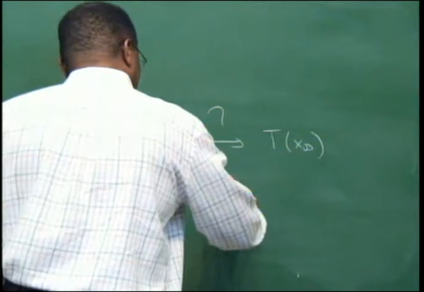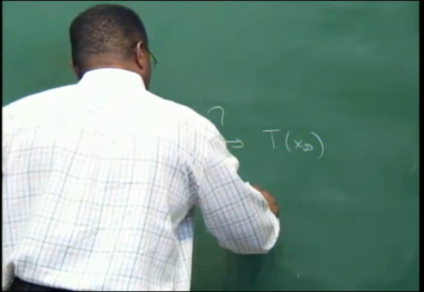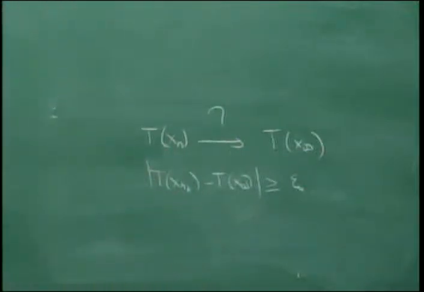Then it will mean that I can find a subsequence such that the distance between T of S_nk and T of S infinity is bigger than a positive number epsilon. I am going to extract a subsequence of T of S_nk which is going to converge to T of S infinity, and I will get a contradiction.